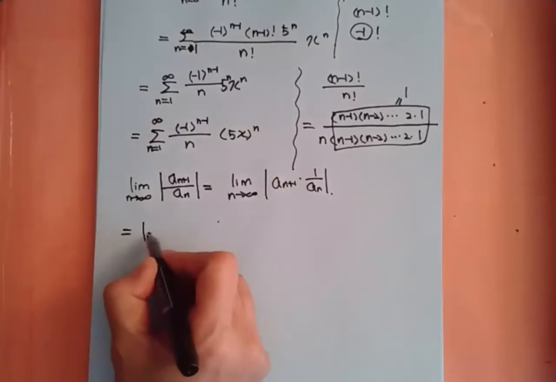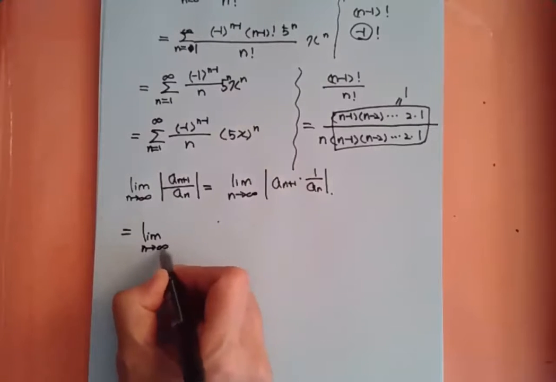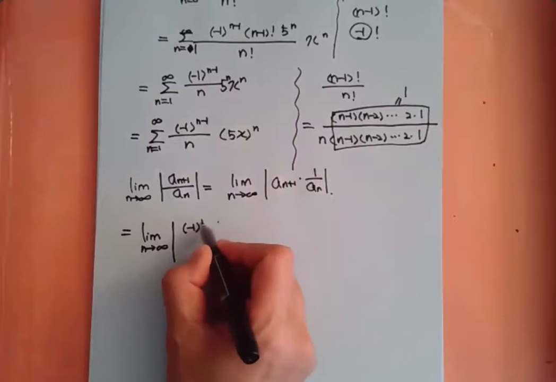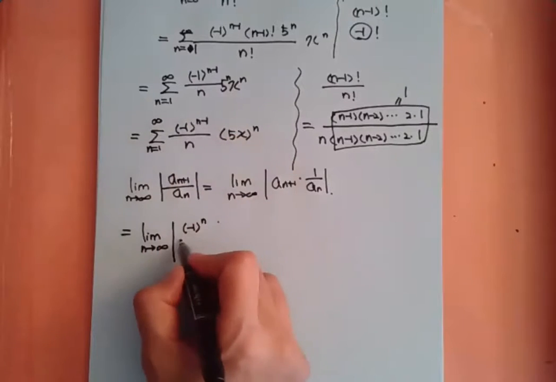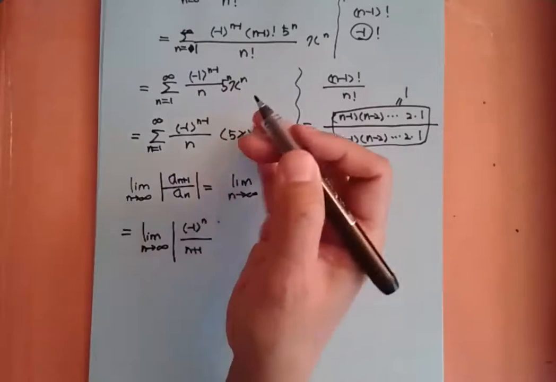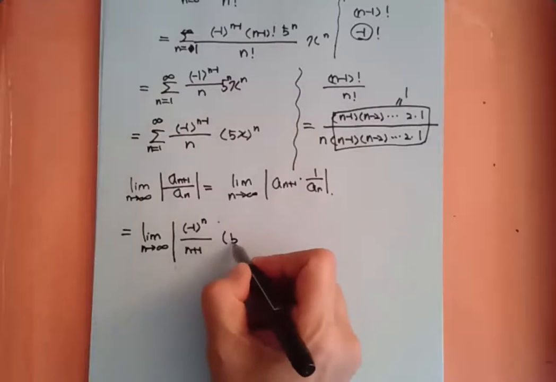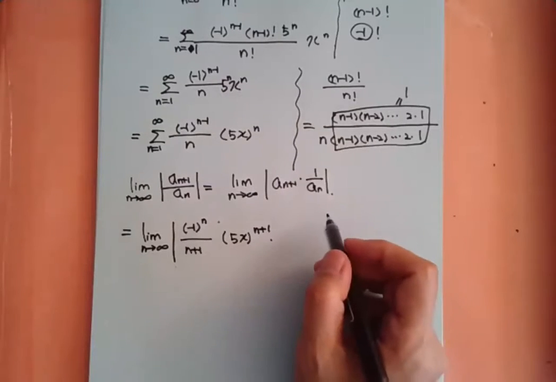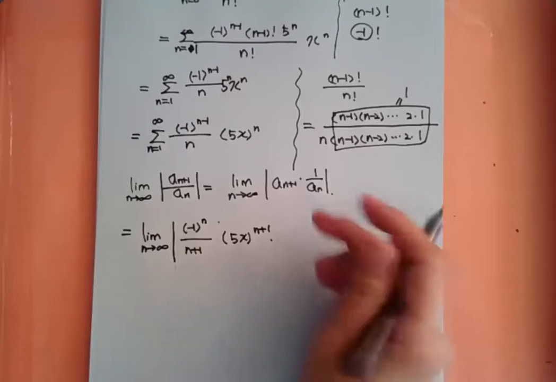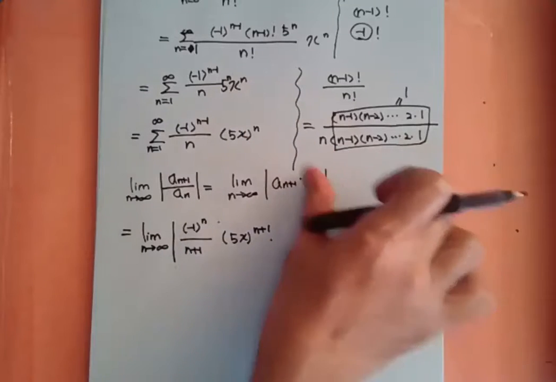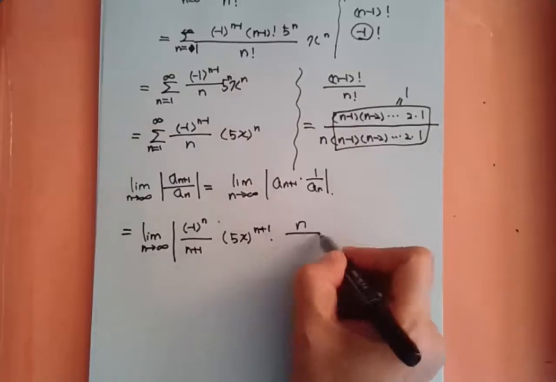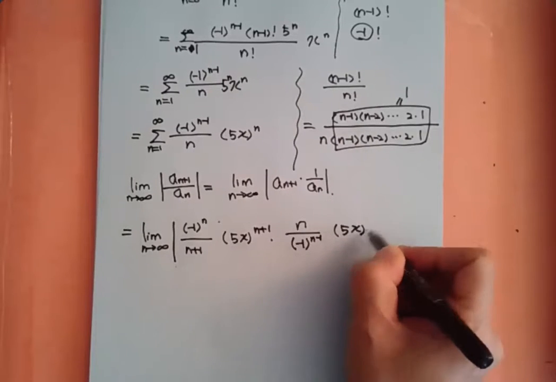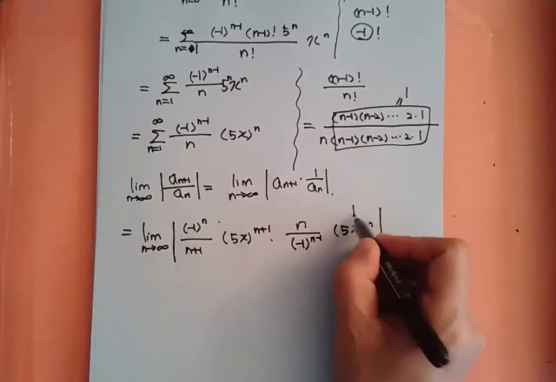And then that is limit n goes to infinity, a n plus 1 will be negative 1 to the n power, 1 more power, over n plus 1. We just plug in n plus 1, 5x to the n plus 1. And then flip it. So n over negative 1 to the n minus 1 power, 5x to the n power.